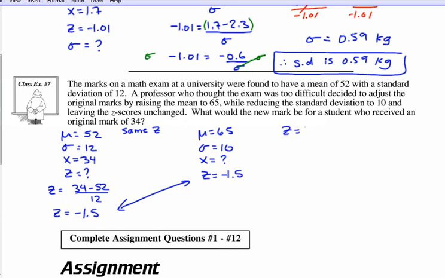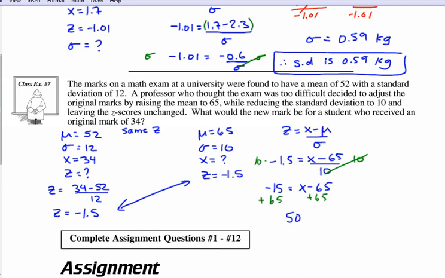So we can now solve for the new mark. We know the Z score is negative 1.5. We're looking for X minus the new mean of 65 divided by the new standard deviation of 10. So to start off, we have to get rid of this fraction to get X by itself. Multiply both sides by 10. It's going to give me negative 15 is equal to X minus 65, and then add 65 to both sides, which gives us 50.